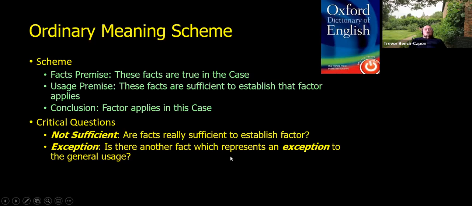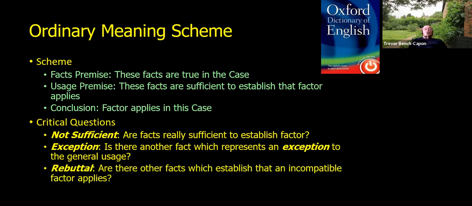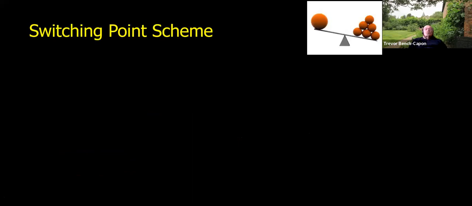Or is there an exception, some other fact which represents an exception to this general usage? Or there's a rebuttal, which says that the case contains other facts which establish that an incompatible factor applies. So that's the ordinary meaning theme.